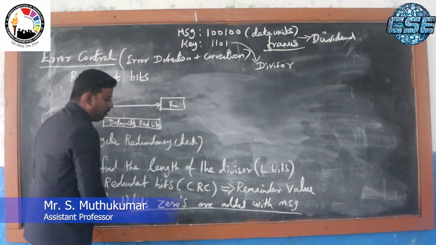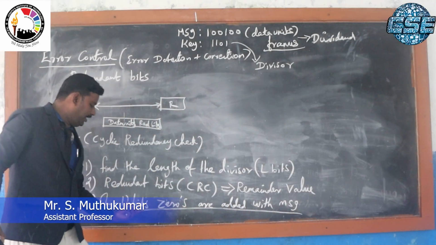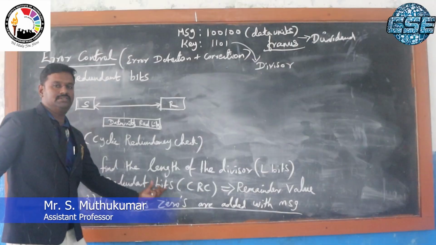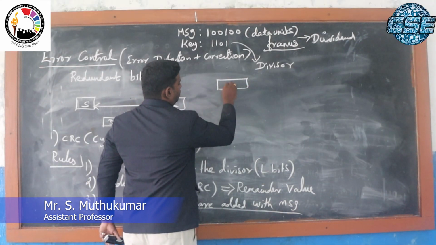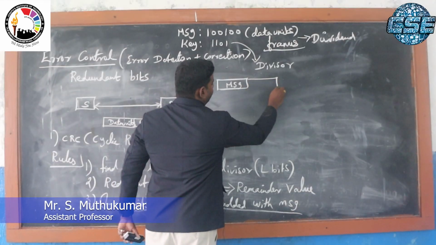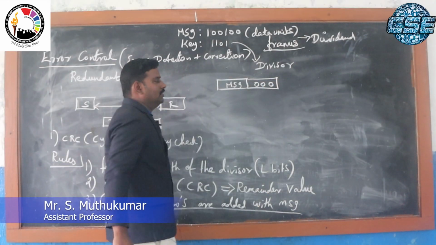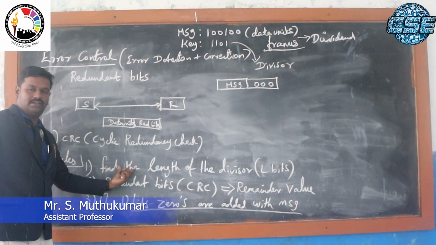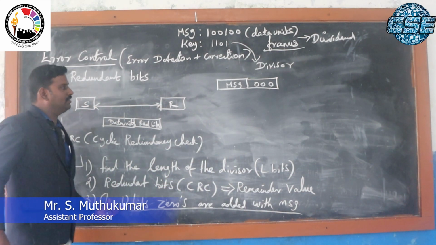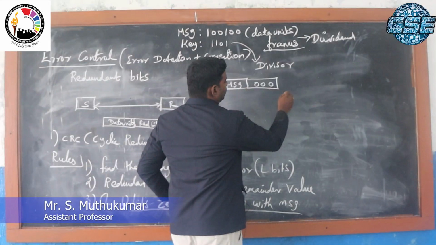Note down, this is not a redundant bit. We are going to add extra zeros with the message. That means we are going to add message and extra zeros. The number of zeros is based on the length of the divisor, so L minus 1 bits are added with the message.